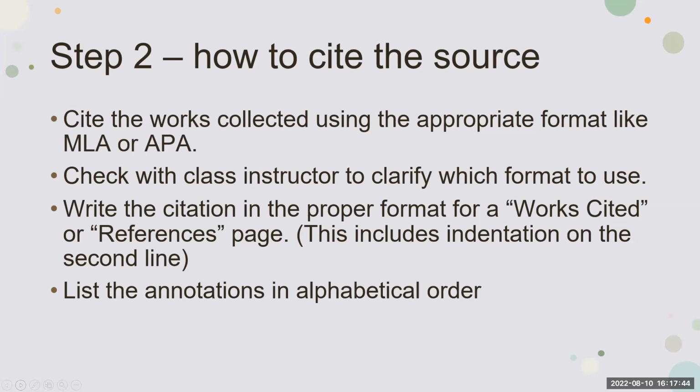You will begin this annotated bibliography the same way you would a works cited page. So it would be titled Works Cited or References, and the sources would be listed in alphabetical order, and then you would have the annotated paragraph right below it.